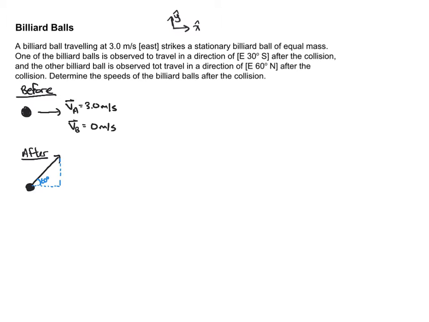And I'll label the hypotenuse. I'll call this ball A, VA prime. It's unknown. I don't know what the value is. And I'm going to label these components now. So the horizontal component, I'll call this VA prime X, and then VA prime Y.